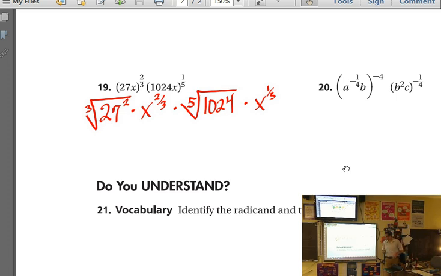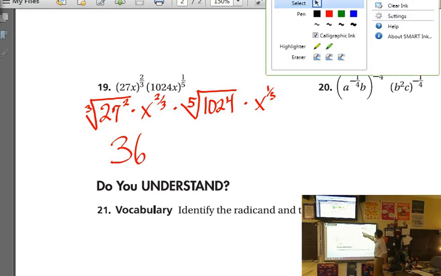Yeah, 36. So if you square 27 and then take the cube root and then take the 5th root of 1024, the product of them is 36.